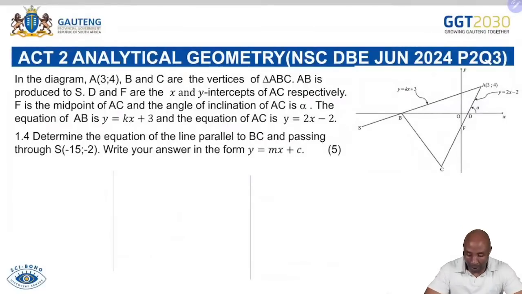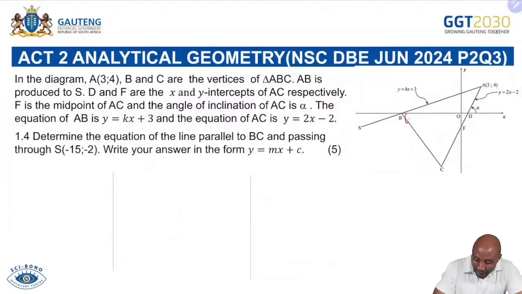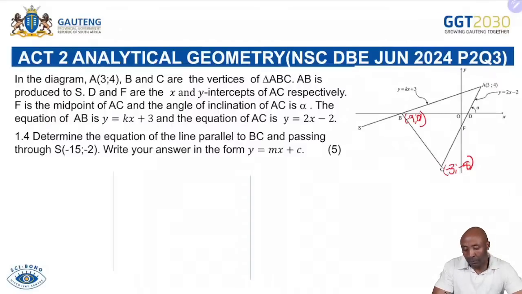Welcome back. Now, remember, as I indicated to you, as we get information, please let us add it to our diagram so that it makes our life easy. We got the coordinates of B as -9 and 0. We got the coordinates of C as -3 and -8.